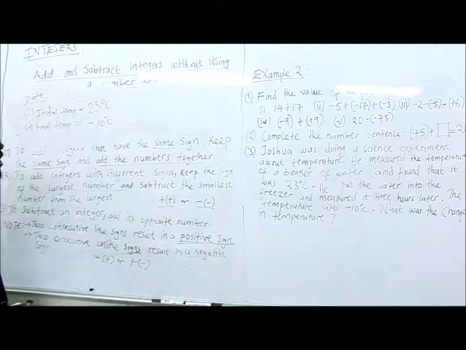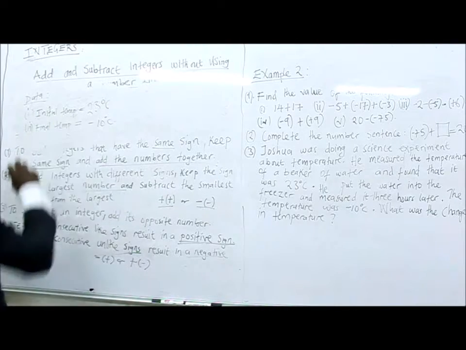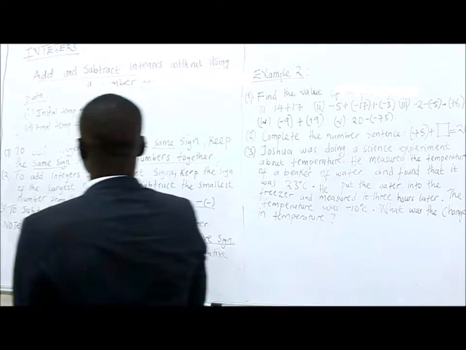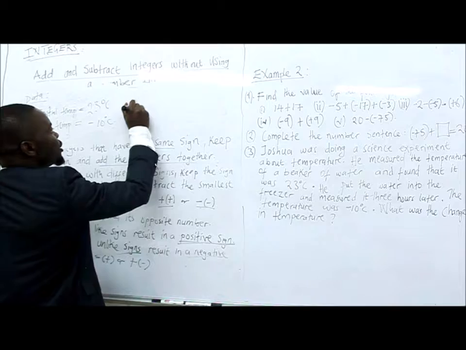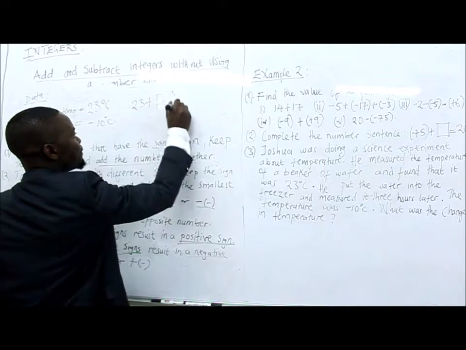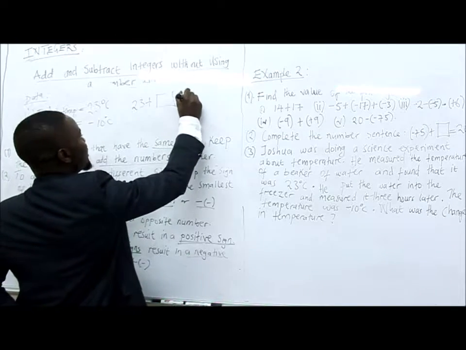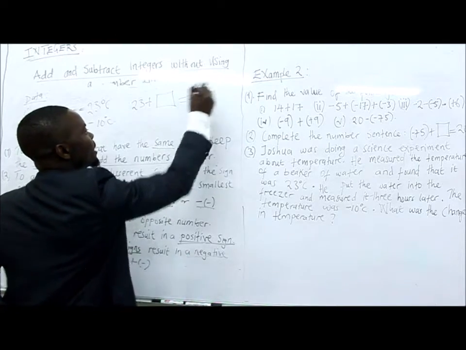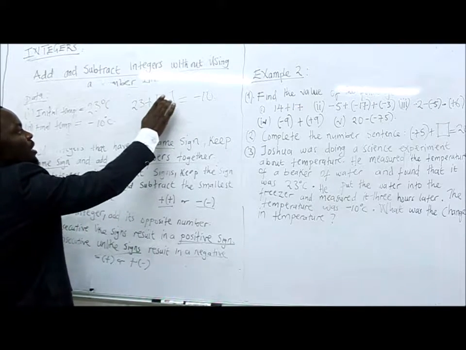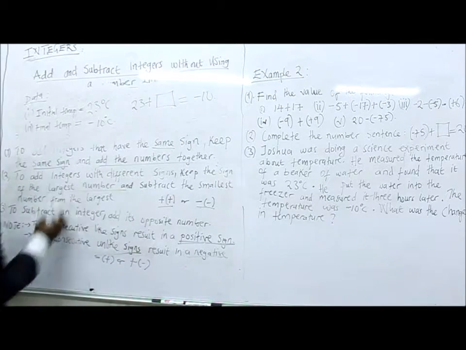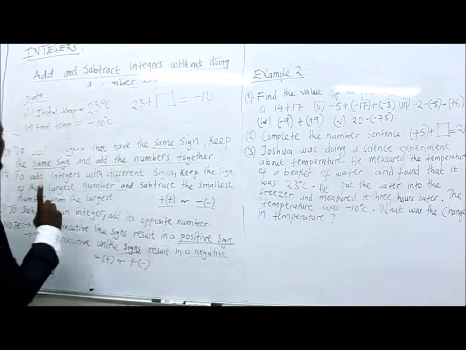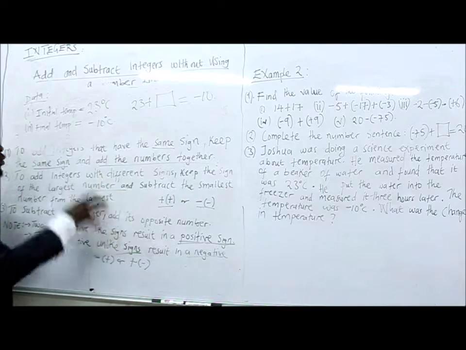So we're going to express our simple data which we have collected in this form. This was the initial temperature, then plus a box here, and the final temperature, which is our answer, is negative 10. So we are looking for the change in temperature, which is the box. Let's use the simple rules which are here. Make sure that you make full utilization of these rules. You master them.